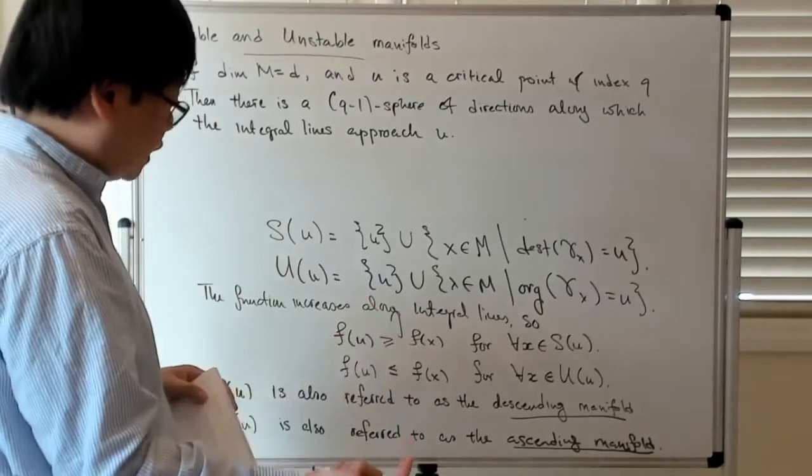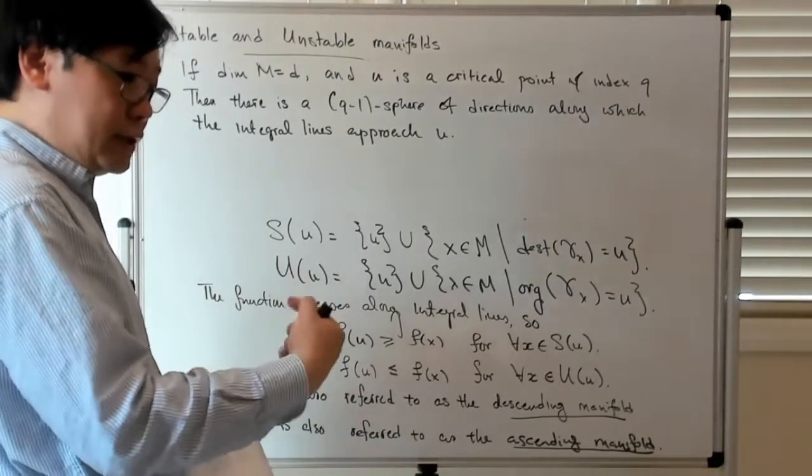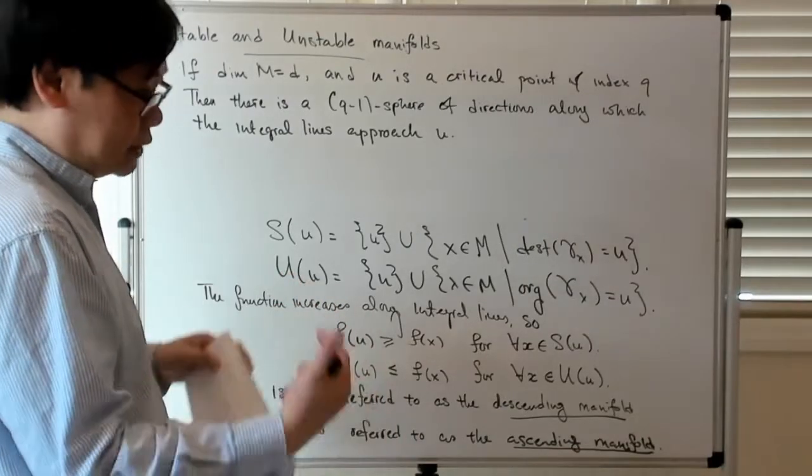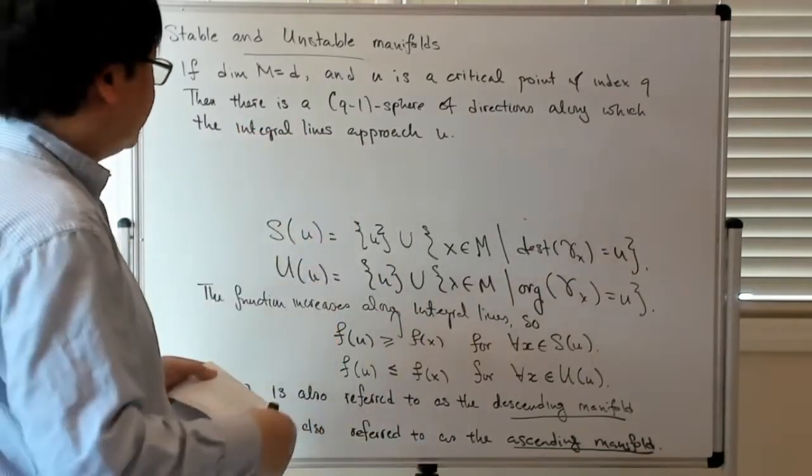So if you have this gradient flow, where the Morse function increases along the gradient lines, these are the set of directions where you expect the integral curves to then approach the critical point U.